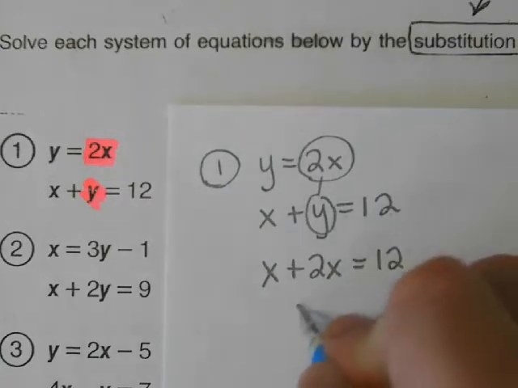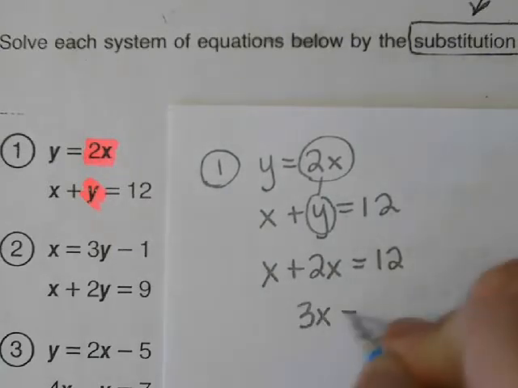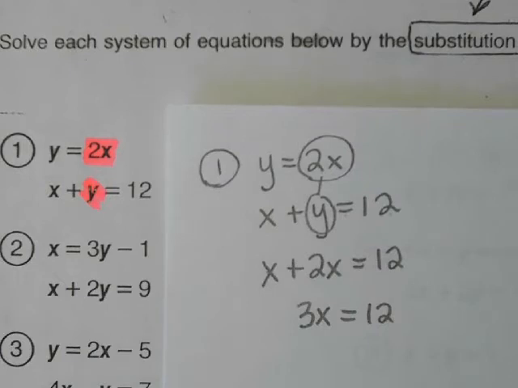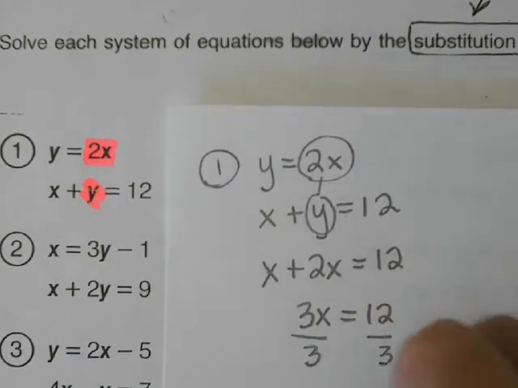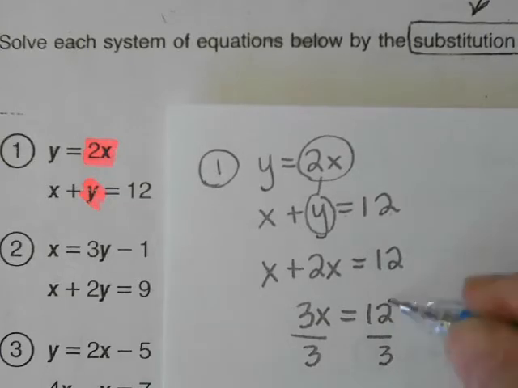Okay, well now it's nice and easy. 3x is equal to 12. Divide both sides by 3. And x is, so always read down, 12 divided by 3 is 4. Now I'm actually looking for, well, what if I graph these? If I graph these, where's the point that they would cross? The solution.